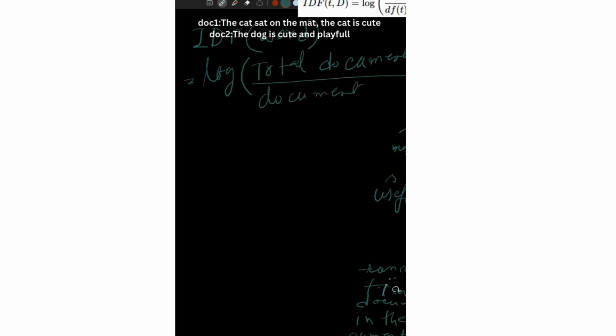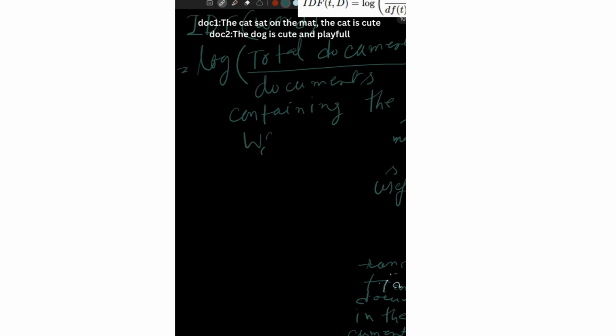IDF of a word is basically equal to log of the total documents divided by the documents containing the word.